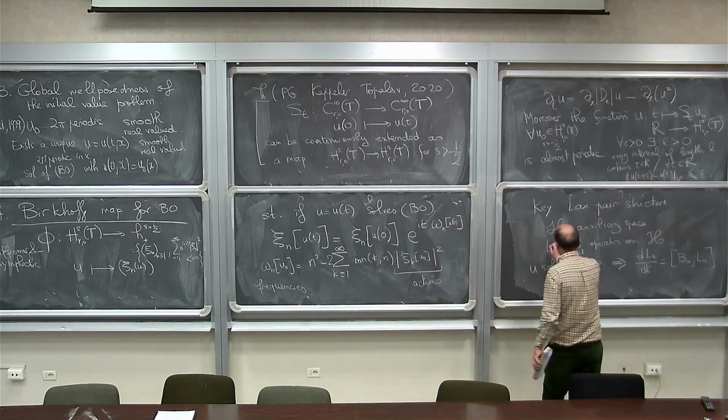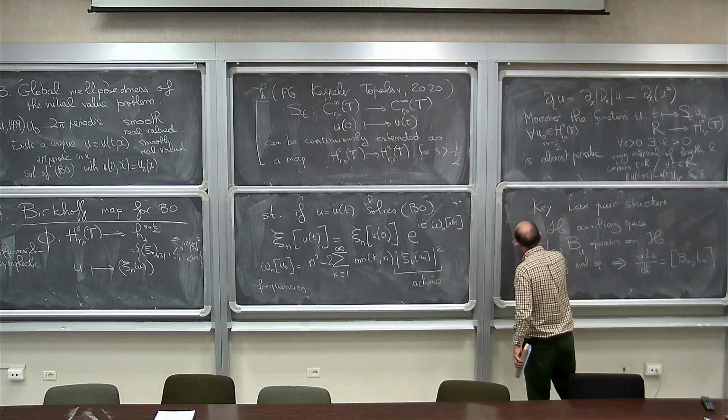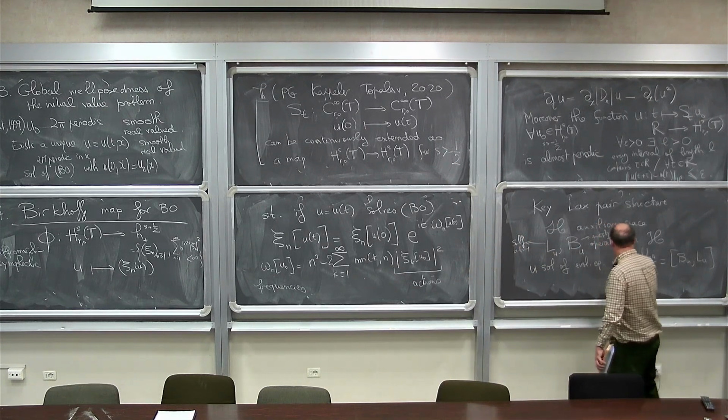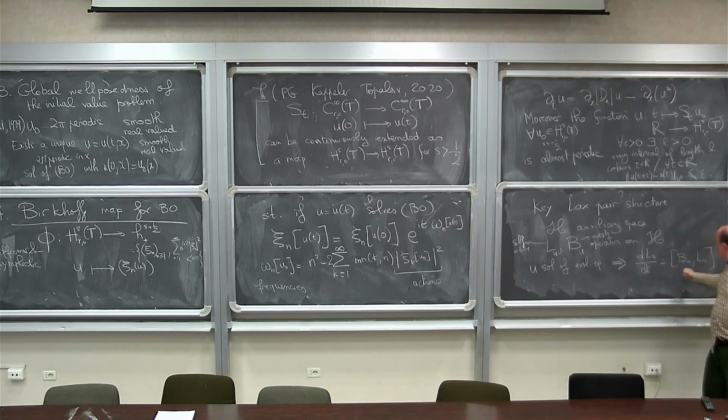So this is very useful. In general, this one is self-adjoint. Not always, but here it will be the case. And this one is anti-self-adjoint. As a consequence, by a standard ODE argument, you will see that Lu at time t is in fact conjugated by a unitary operator to Lu at time 0.